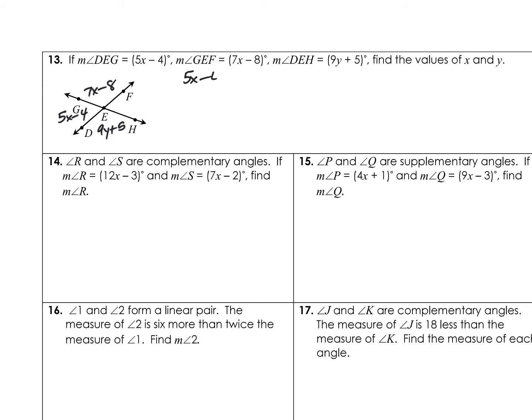5x minus 4 plus 7x minus 8 equals 180. Combine like terms. Okay. Add 12 to both sides. 192 divided by 12 is 16.